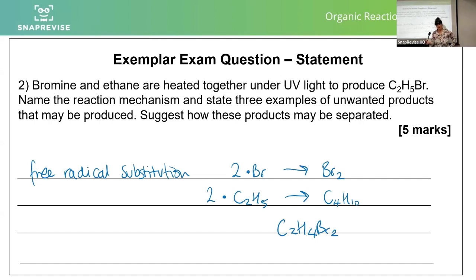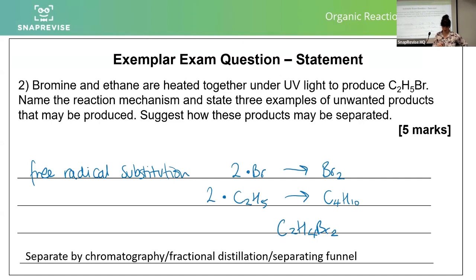How would I separate these? Well, how can you separate species that are all similar but not the same? What examples of separation techniques do we know that would work here? So there's a couple you could give. You could talk about chromatography. If you've learned about chromatography already, then you can separate via column chromatography or gas chromatography. These are probably gases, so gas chromatography.